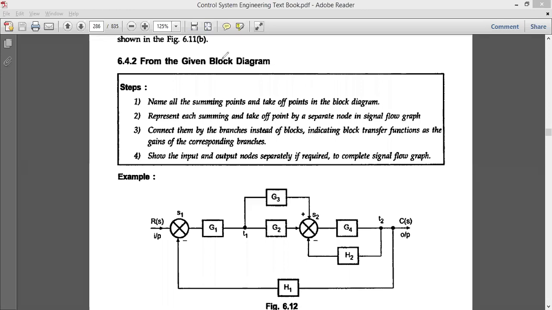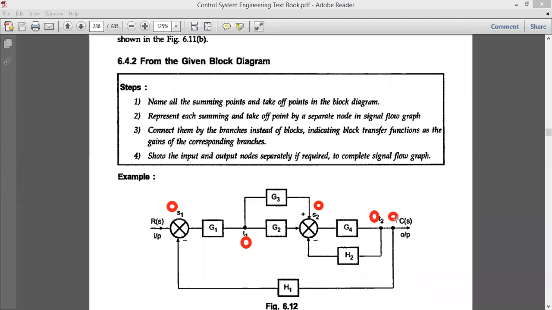A node is simply a dot, or you represent it by a circle in the signal flow graph like this. This is one, this is your second point, this is your third circle, this is the fourth. And here I have one more, which is shown as an output.